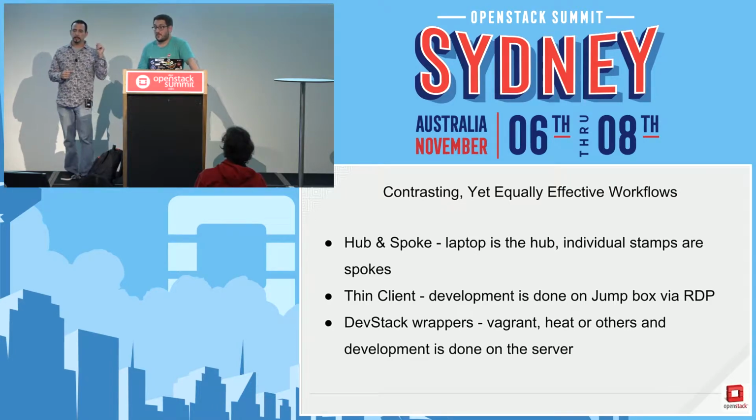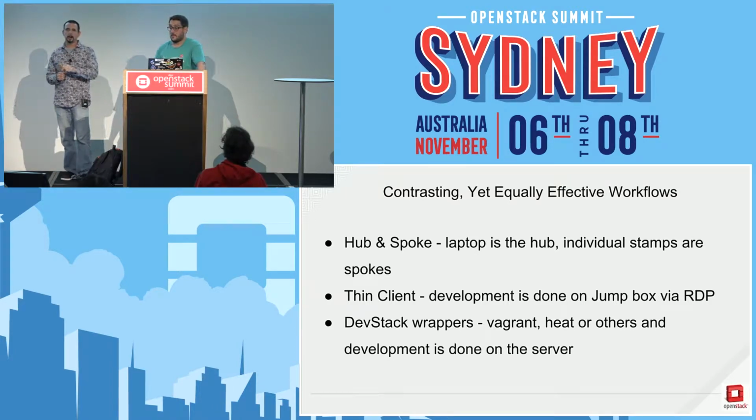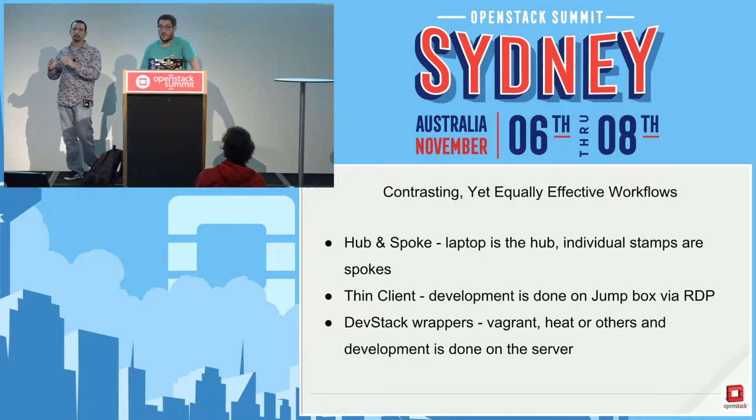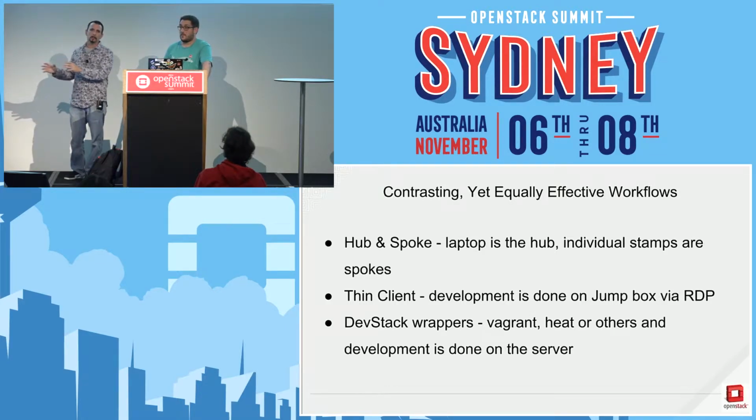So he uses RDP into his Jumpbox, and all his code exists there. So he's basically just using his laptop as a thin client, and he's primarily focusing on Ironic drivers against real hardware. So he doesn't need to talk to a lot of different environments. He's focusing on his one environment, so that works very well for him.